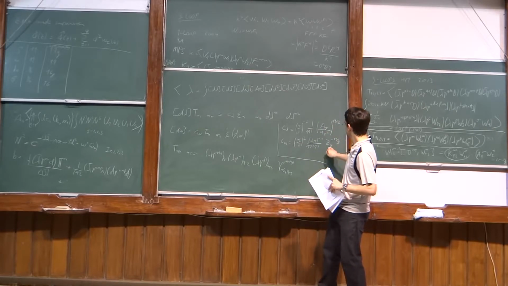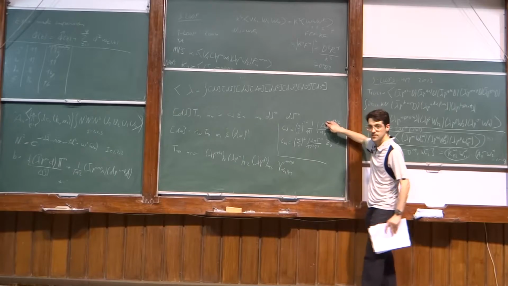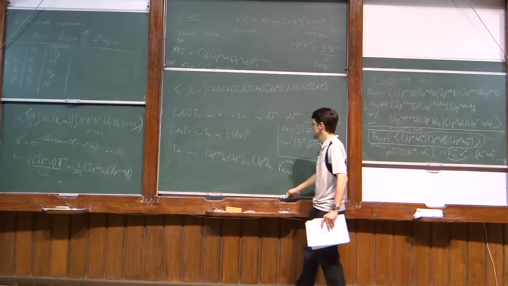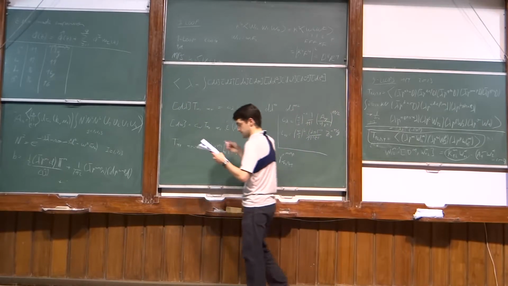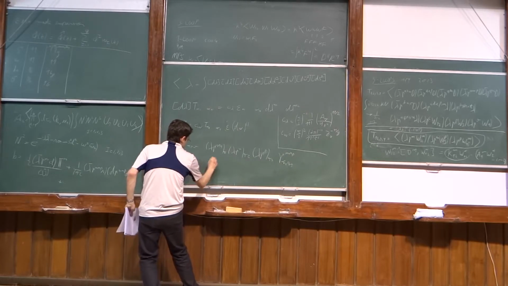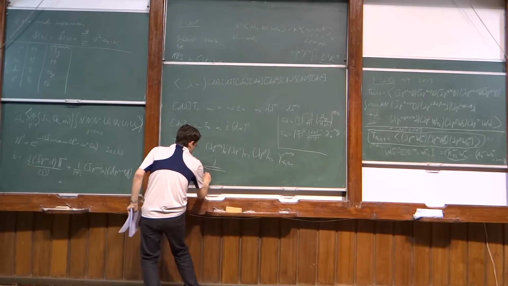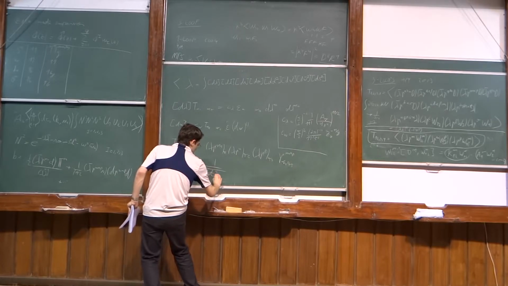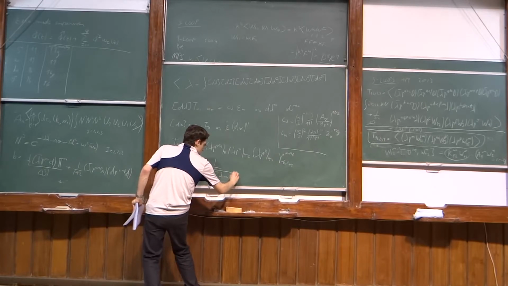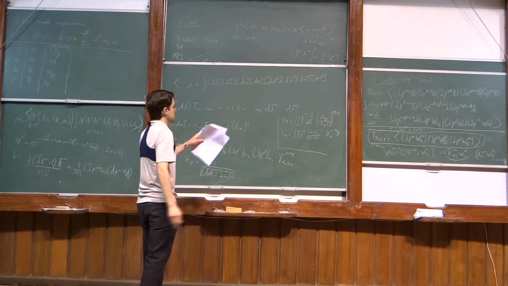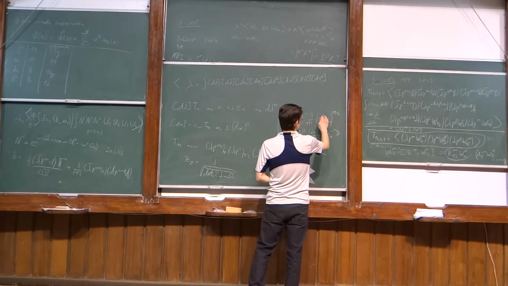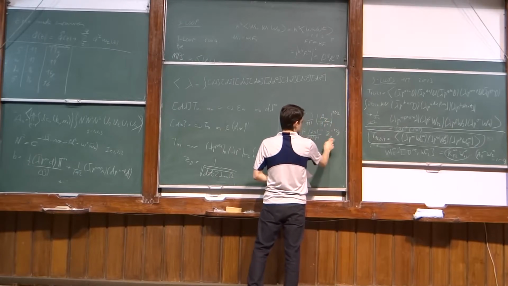Then I need to tell you what this is: the determinant of the period matrix. So the Z factor is 1 over the square root of the determinant of 2 times the imaginary part of the period matrix.